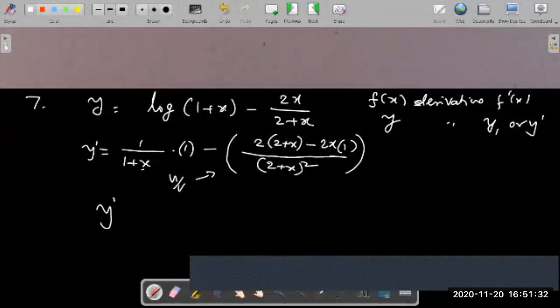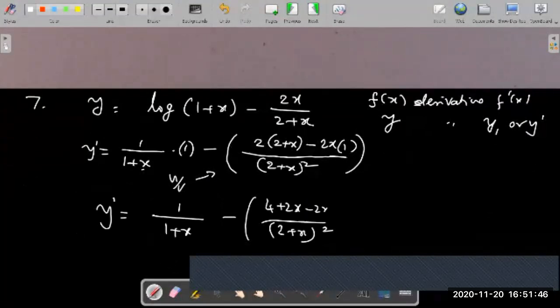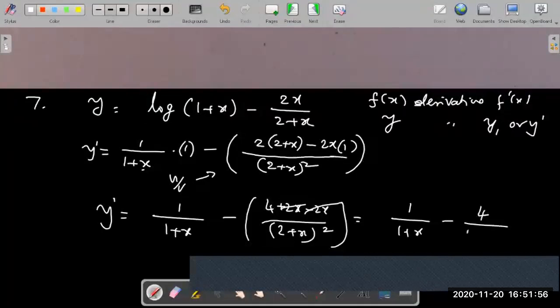So y dash equal to 1 by 1 plus x minus, in this you have (2 plus x) whole square, and 4 plus 2x minus 2x. So this plus 2x minus 2x gets cancelled. So then we have 1 by 1 plus x minus 4 by (2 plus x) whole square. So this is y dash.